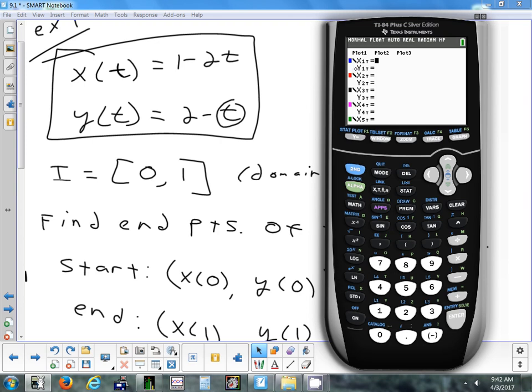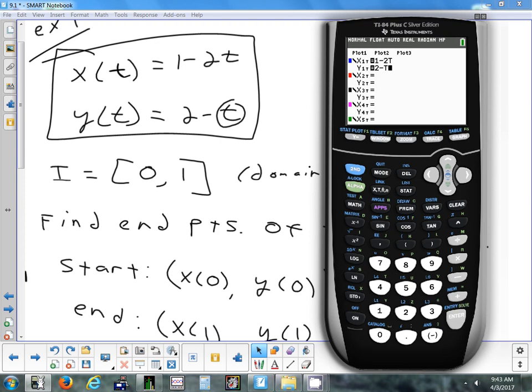To graph something parametrically, you have to type in an x and a y. If you leave one of them blank, it won't work. So under my first x equation, I'm going to type in 1 minus 2t. And under my y equation, 2 minus t.